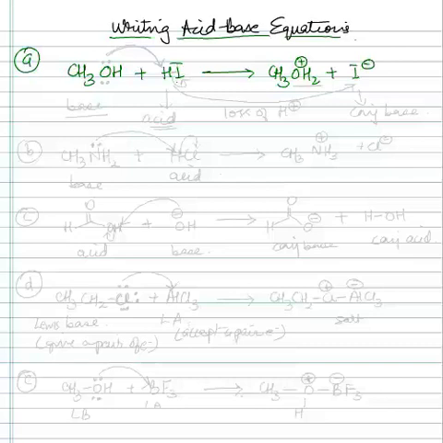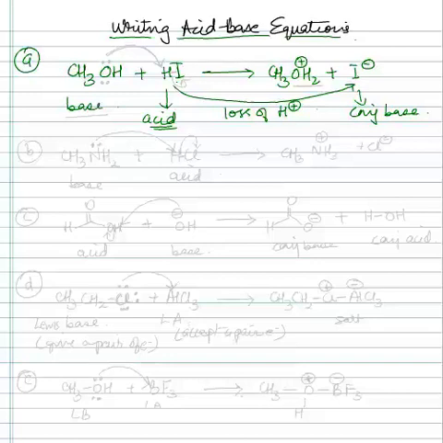So HI has gone to I minus, which means loss of H plus, which means that this must be the acid and this must be the conjugate base. Once you know that this is the acid, then this must be the base. That's the important thing to identify first, which one is your acid and which is your base, because that's how you will start the arrows.